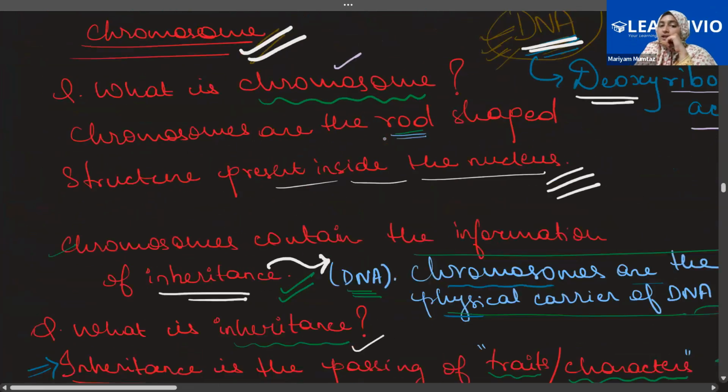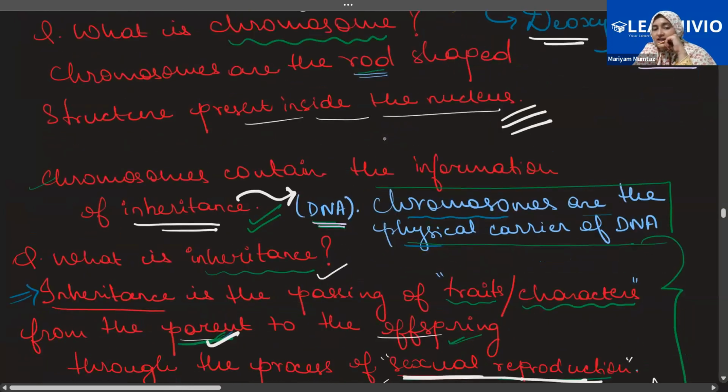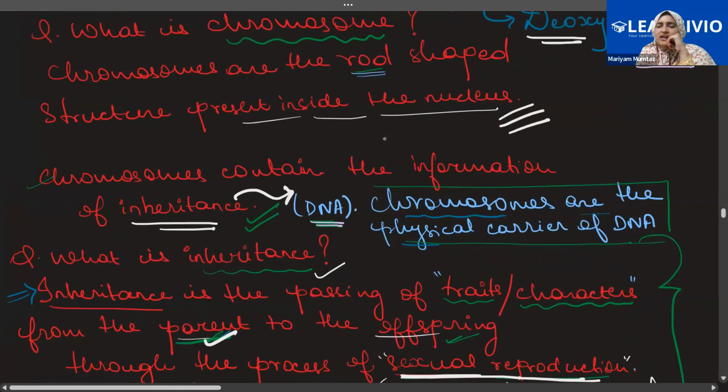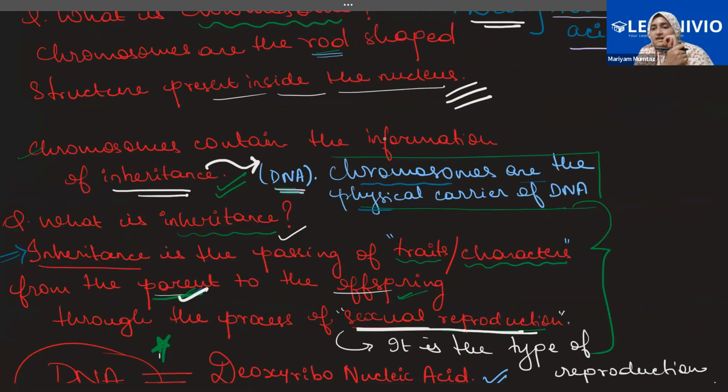So the chromosome contains the information of inheritance, which is the DNA. Also, you can say in a very concise manner that chromosomes are the physical carriers of DNA. Just imagine them carrying DNA like this. Yes, they are carrying the DNA on their back, let's just say. Okay. So that is what the chromosomes do.